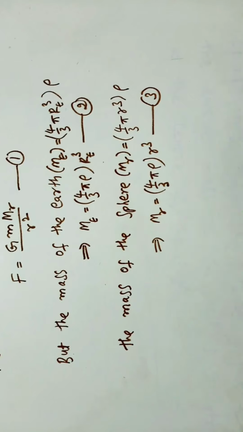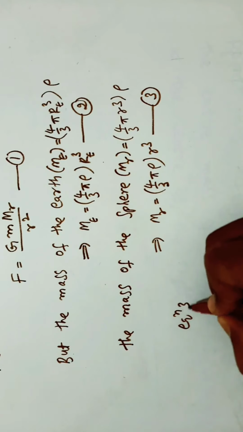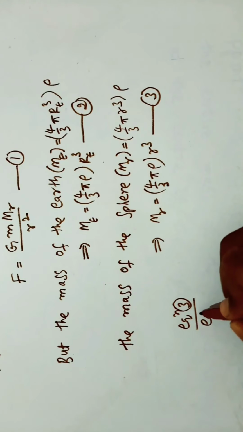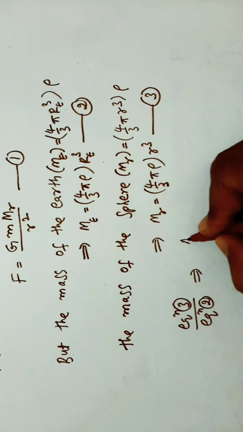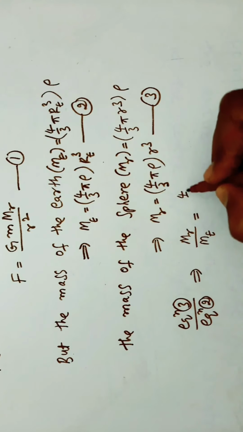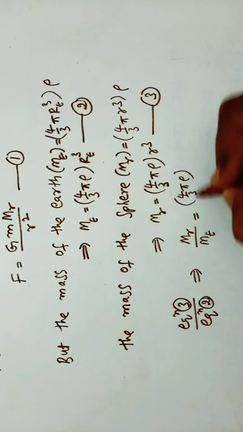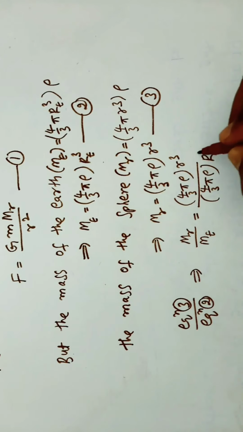Divide equation 3 by equation 2. So we get Mr by ME is equal to 4 by 3 pi rho r cube by 4 by 3 pi rho capital RE cube.